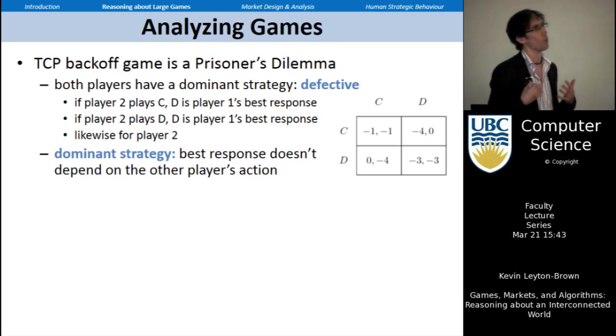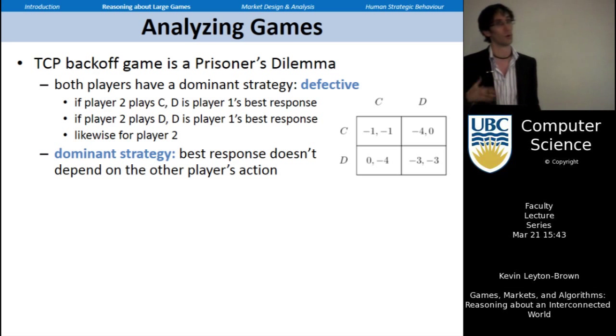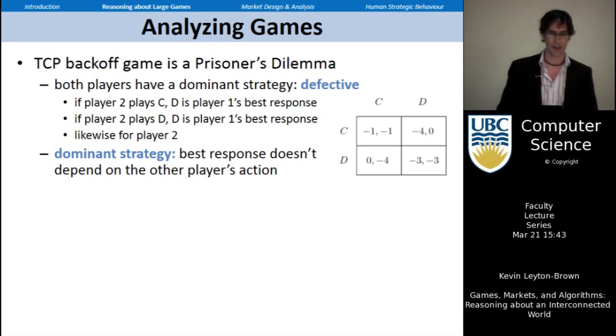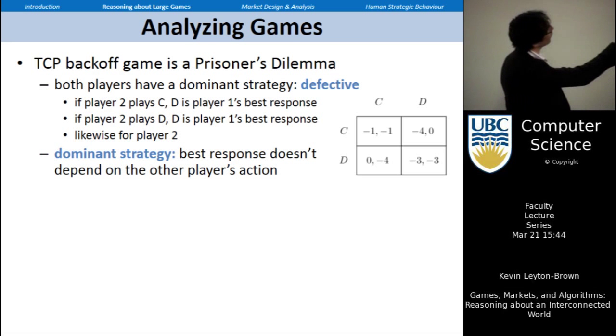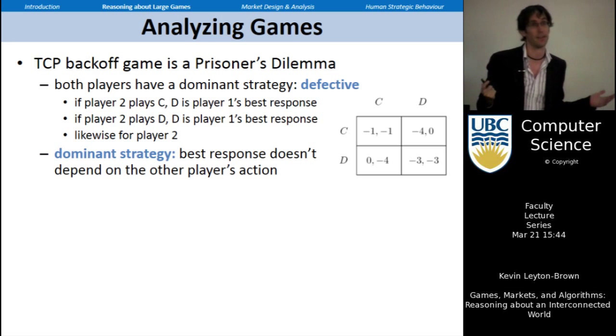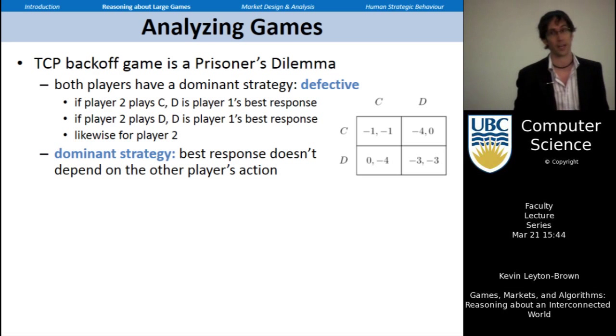So let me argue that to you. Let's say I'm player 1, and I want to reason about what player 2 might do and what I should do in response. So I might say, well, if player 2 was to play C, if player 2 was to use the correct implementation, then I have a choice between a delay of 1 and a delay of 0. And a delay of 0 is better for me than a delay of 1, so I should use the defective implementation in that case.